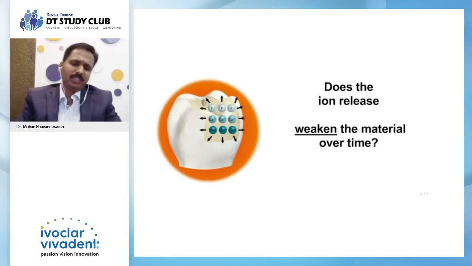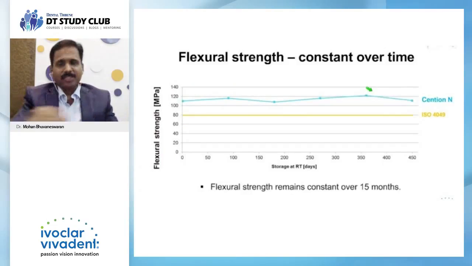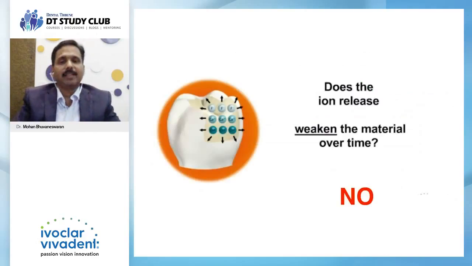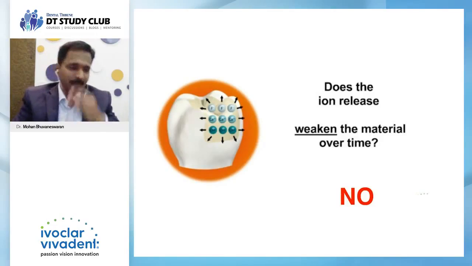Over a period of some time, they have tested the materials, fine, and they found out that it's constant over a period of 2 years. Fine, it's not lost any strength at all. So we are not going to lose anything. The answer is ion release does happen, but it does not weaken the material.